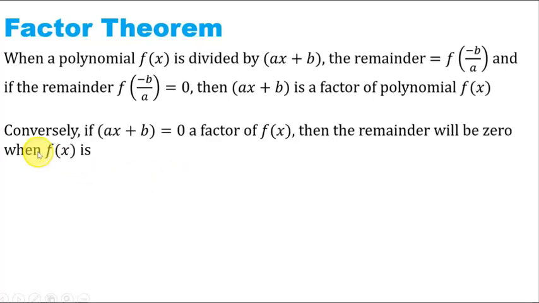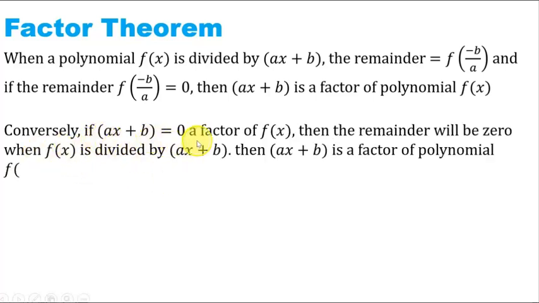Conversely, if ax + b is a factor of f(x), then the remainder will be 0 when f(x) is divided by ax + b.